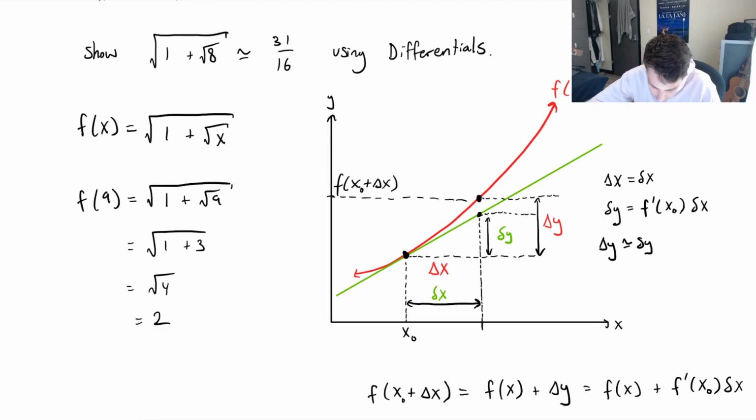We've got to multiply this by half times x to the negative half. Okay, that seems right to me. So now we are left with 1 over 4 times the square root of 1 plus square root of x times the square root of x. Okay, this seems correct to me.